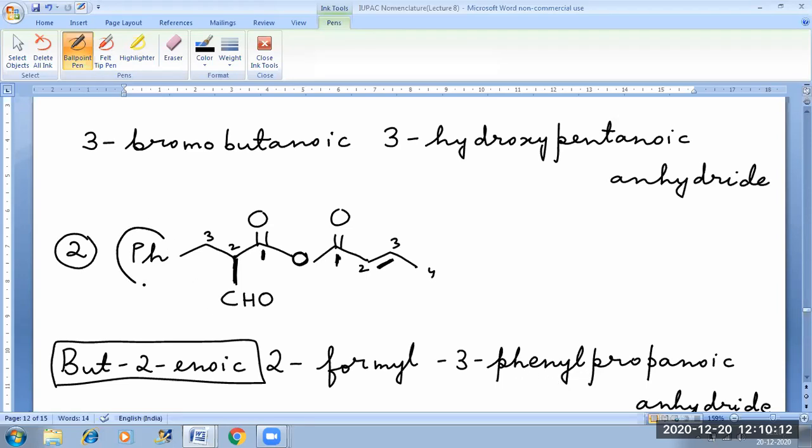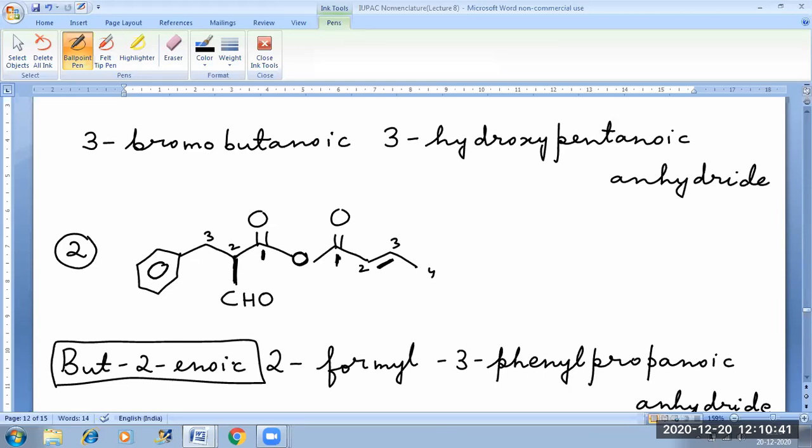This Ph, capital P, small h, is called phenyl. Right? So either you call it phenyl or you write it like this. One and the same thing. So at the third carbon atom, I have this benzene ring attached, and that is why I'm calling it phenyl.